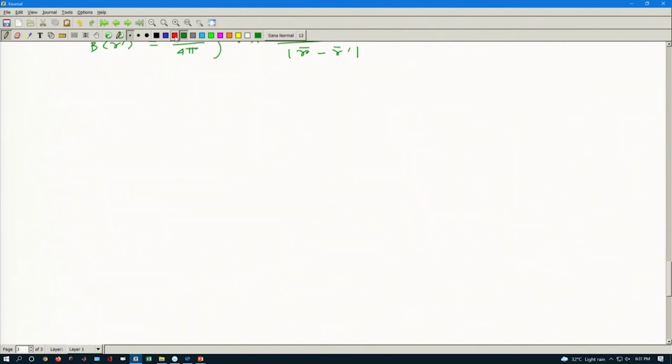So, if I go the traditional way by just using the vector identity, our vector identity was curl of a scalar field f times a vector field g should be simply f times curl of g minus g cross gradient of f.